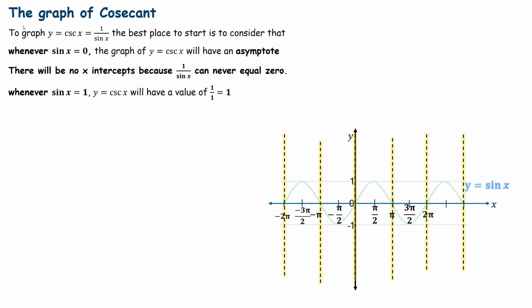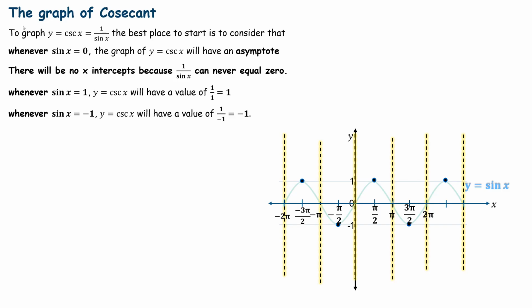Looking at the sine graph, it has a value of 1 at the top of those little hills, and so cosecant will also have a value of 1 in those places. So those points will be on your graph of cosecant. Similarly, when sine is -1, cosecant will also be -1 because it'll be 1 over -1. And so those little valleys at the bottom will also be points on the cosecant graph.